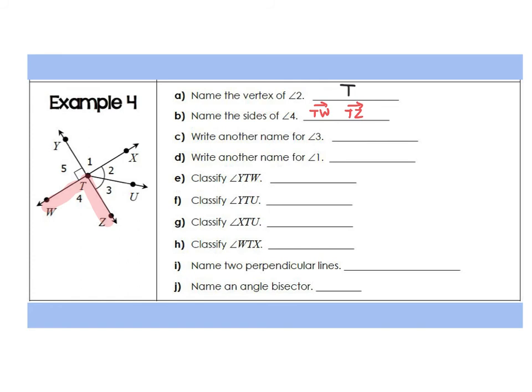What is another name for angle 3? Well, let's just use the letters. This is angle 3 right here. We have angle UTZ or ZTU, angle ZTU. Remember, we can go backwards.